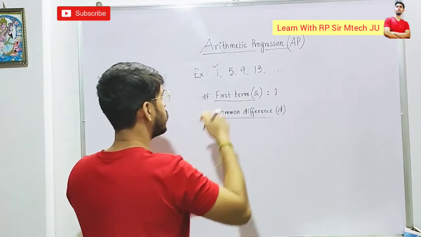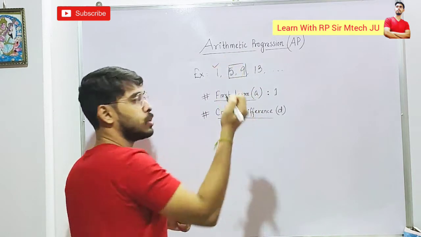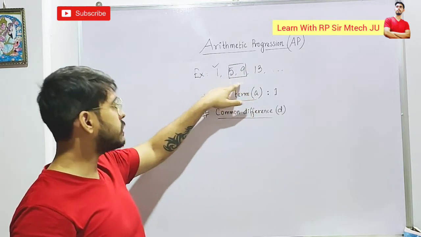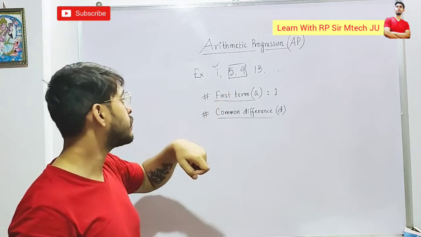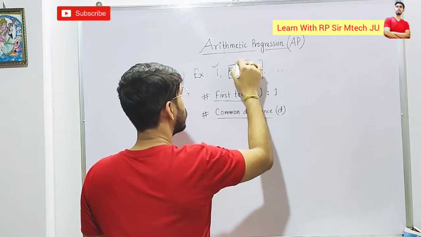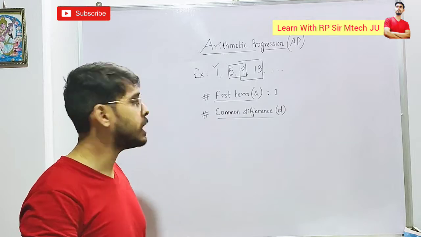If you take these two, 9 minus 5 will be the common difference. If you take these two, 13 minus 9 will be the common difference.